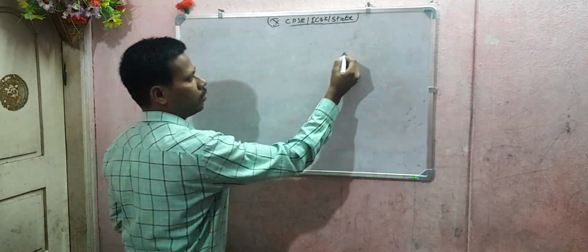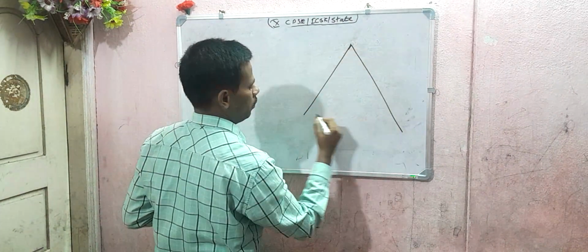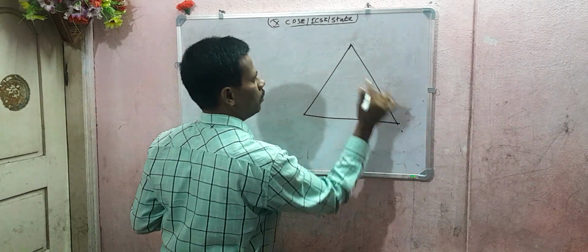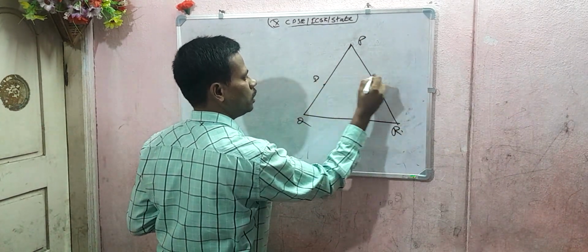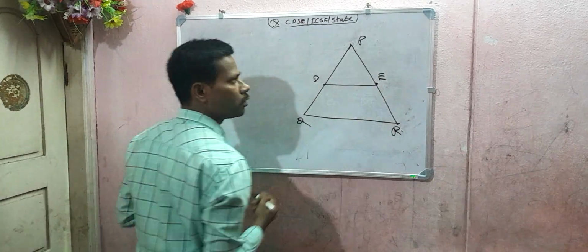What does it mean? Triangle PQR. I am writing two points D and E and joining them.